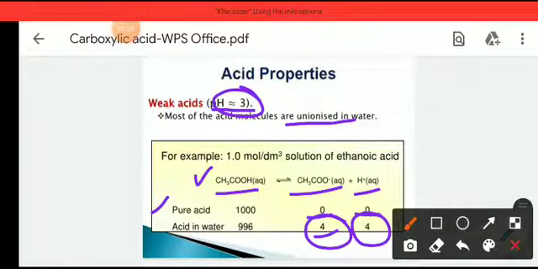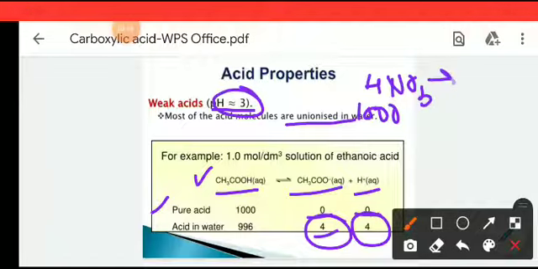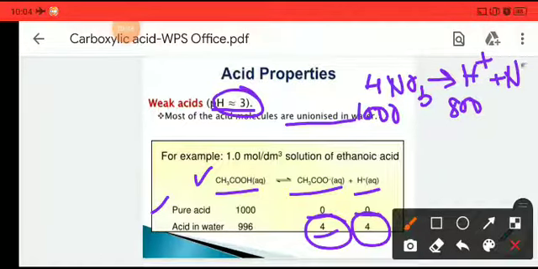In 1000 parts of acetic acid, only 4 parts will ionize to give 4 parts of acetate and 4 parts of H plus. But if we take, suppose, 1000 HNO3, it will give almost 800 H plus and at least 800 NO3 minus.